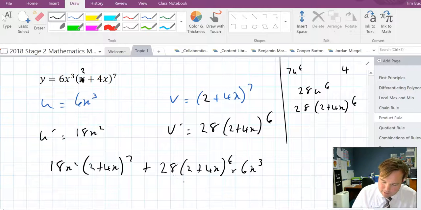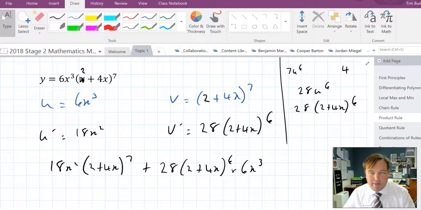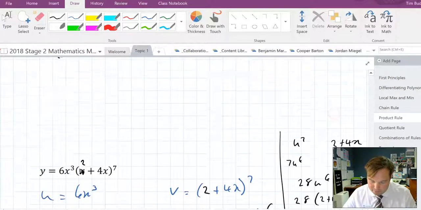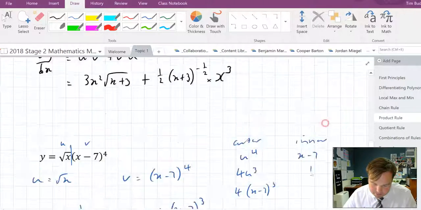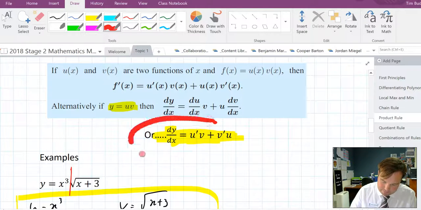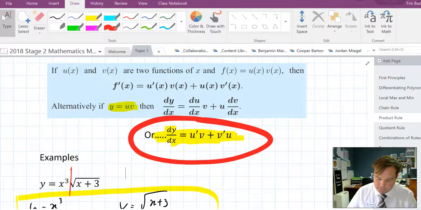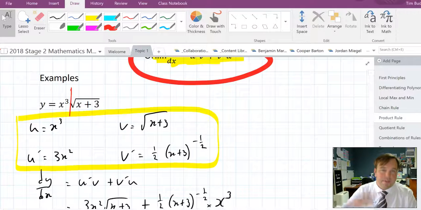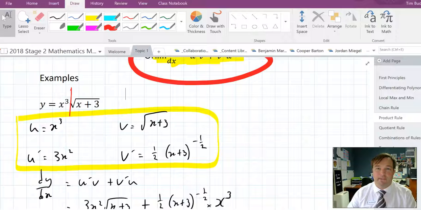And clearly we can combine some of them, but again, we don't have to. So product rule is that u dash v plus v dash u. Important to set it up in u, u dash, v, v dash, and remember that using the chain rule combined could quite possibly happen here.